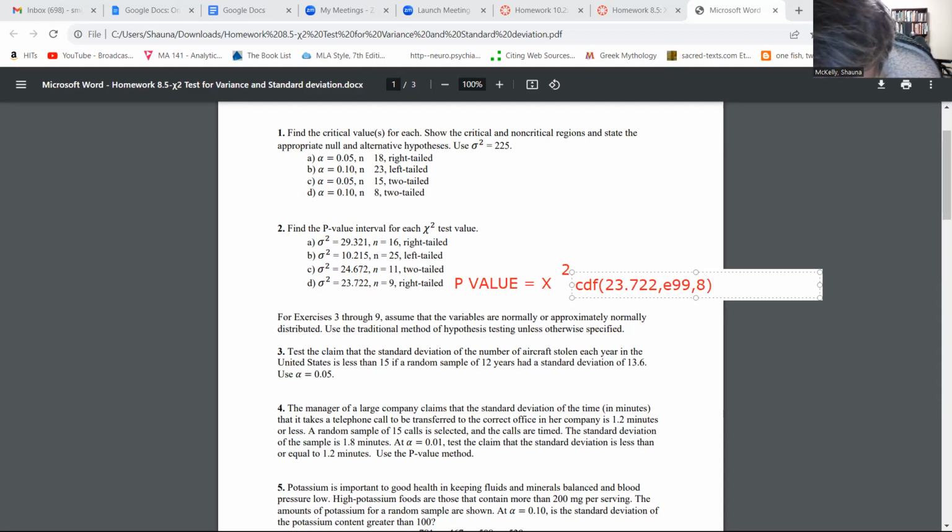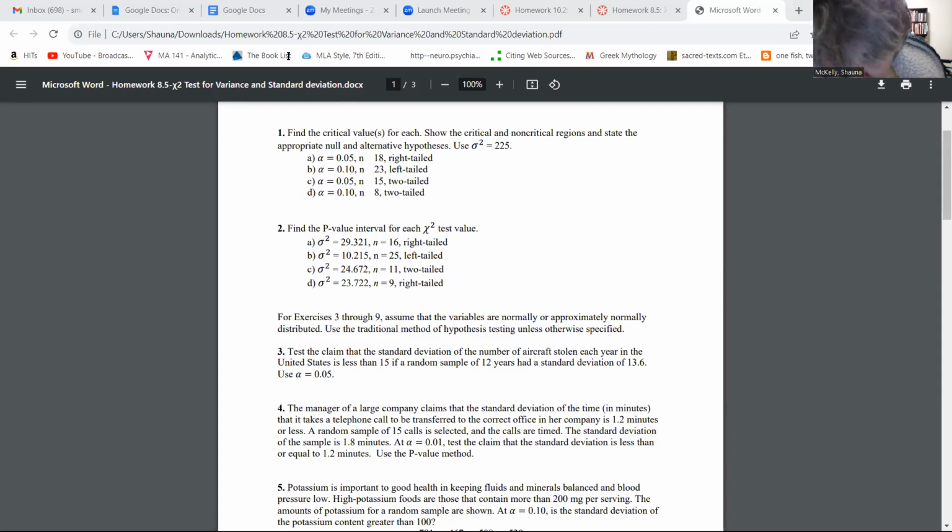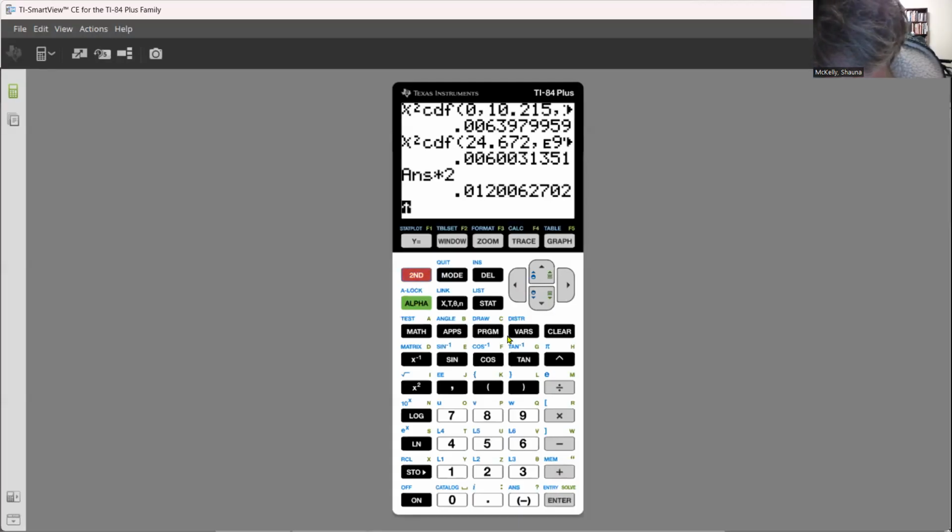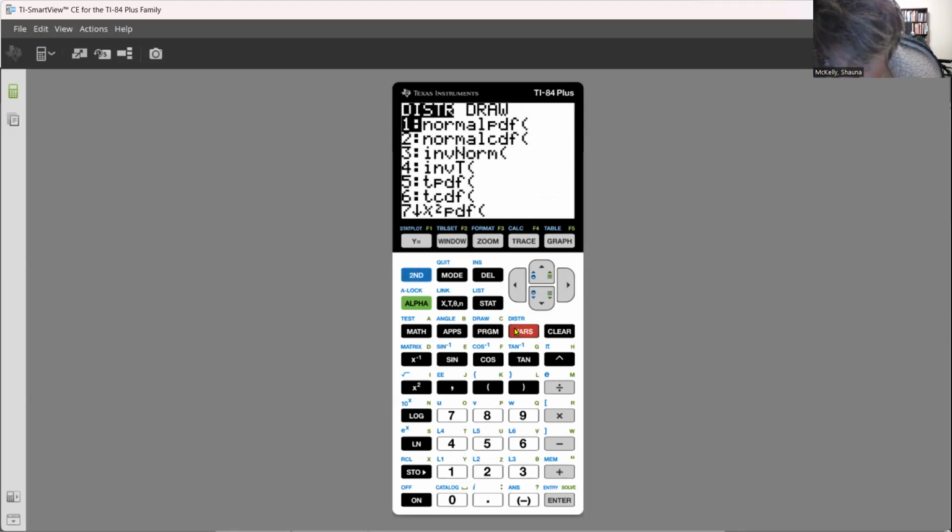And you should get, if you did that correctly, hopefully, we should match her answer. Let's take a look. So we have 23.722. Here's my calculator, second distribution. Now we're doing chi-squared CDF.